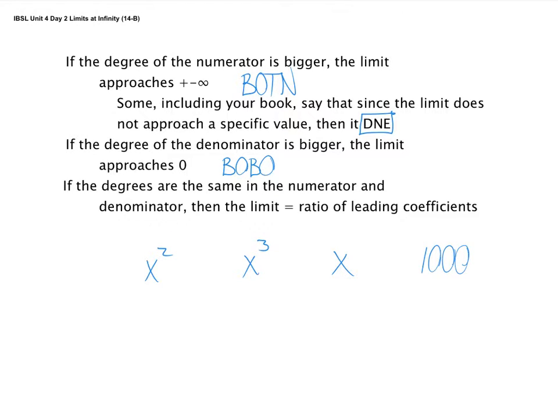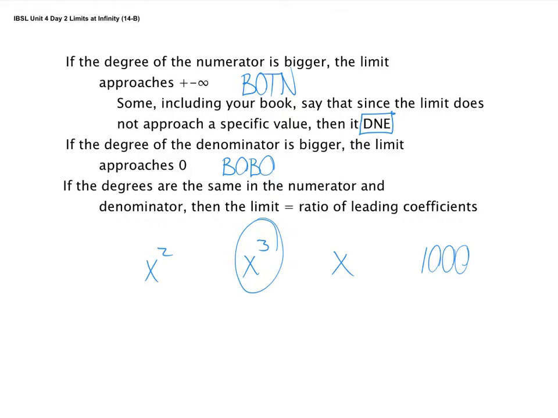But anyways, you've got 343. This is going to grow really, really fast. So as x gets enormous, how big is x squared compared to x cubed? Very little. Okay?